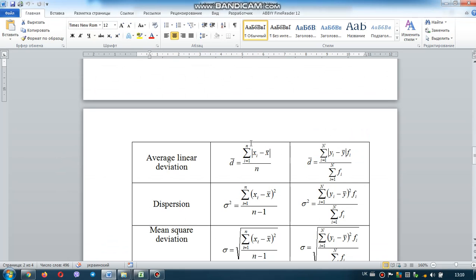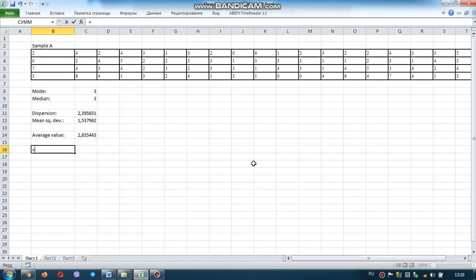And pay attention, this is module. The function abs is used to define the module.